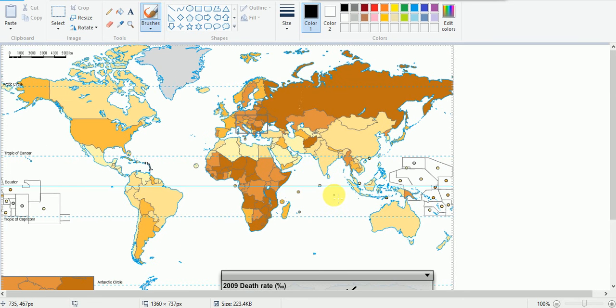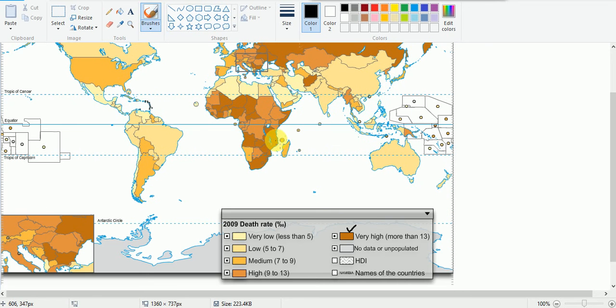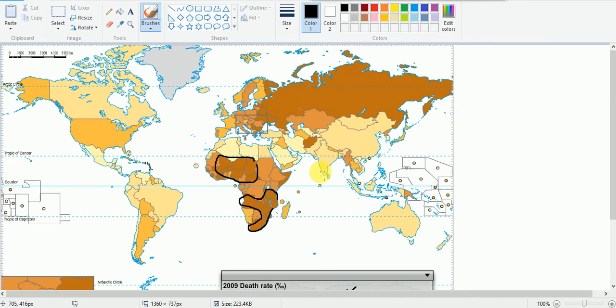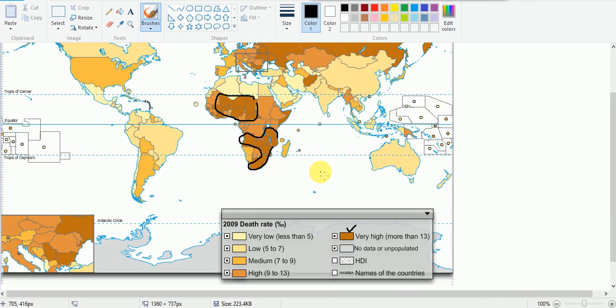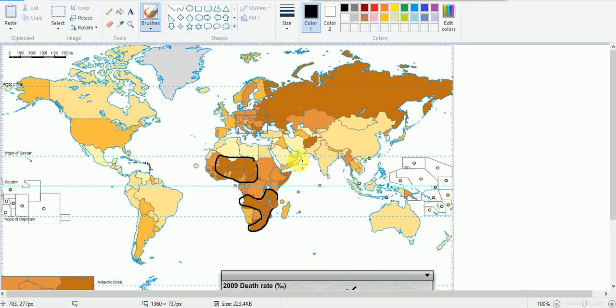Here, for example, some African countries. As I told you, it is related to economic advancement, or it may be related to other physical factors also.